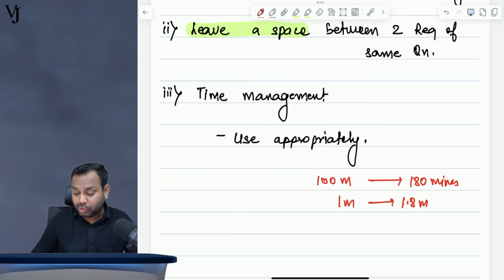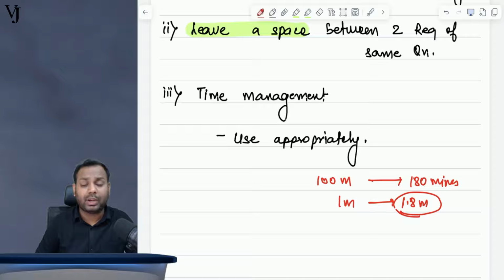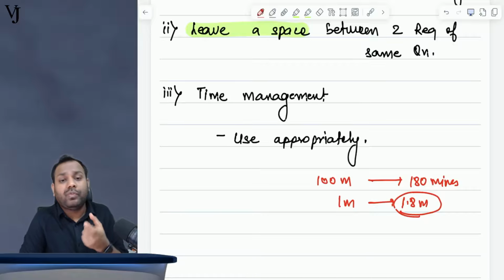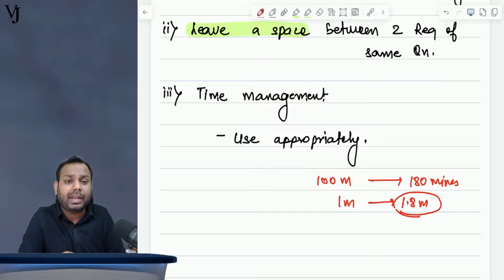Use this rule to solve it. Don't spend more than 1.8 minutes on a question. But I will tell you one thing: there are questions which might take 2.5 minutes also.